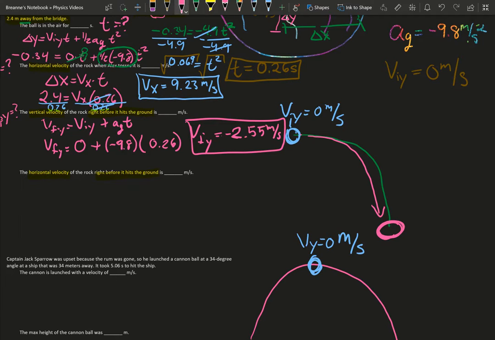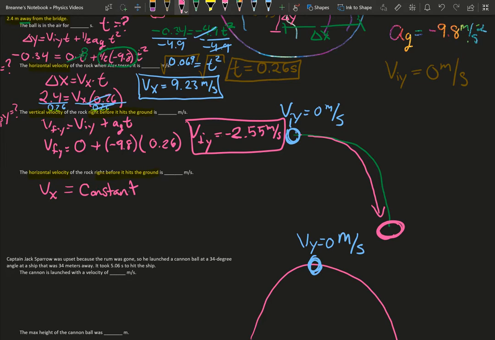What's so special about your horizontal velocity? Hopefully you said it's constant. Your horizontal velocity is constant.